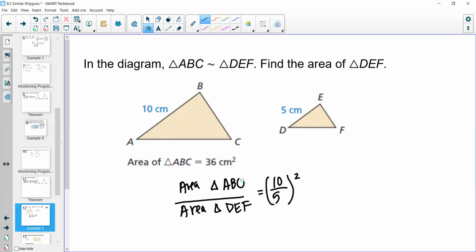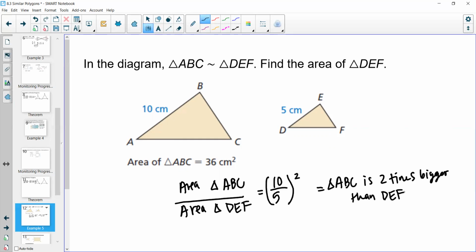But remember, because it's area, we're going to square it. So the area of ABC over the area of DEF is going to be equal to this proportion squared. Well, that proportion there is actually a proportion of 2. And so what that means is that ABC is 2 times bigger, or that scale factor is 2, than DEF, right?